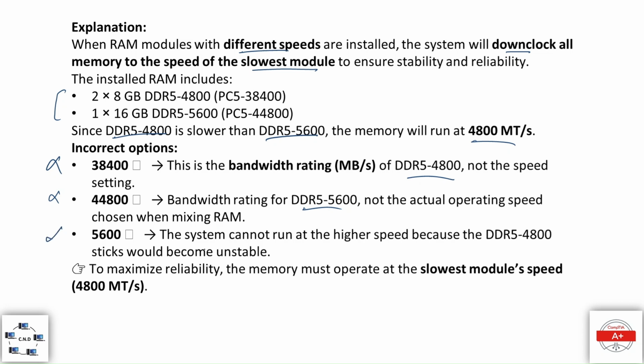And 5600 is incorrect because the system cannot run at the higher speed, as DDR5 4800 sticks would become unstable. So to maximize reliability, the memory must operate at the slowest module's speed, that is 4800.